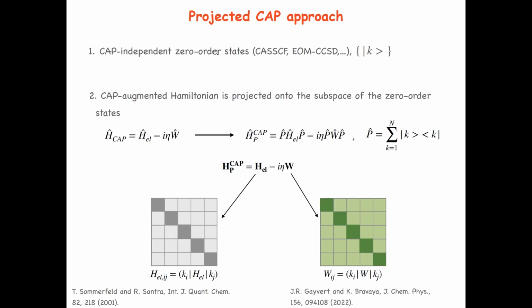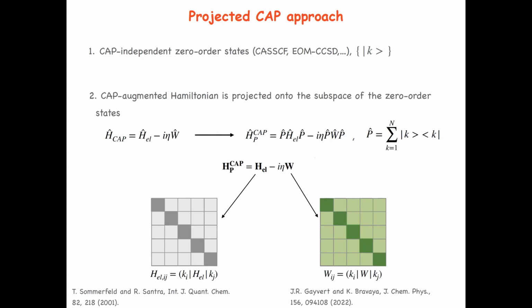It can be equation of motion coupled cluster, it can be, in principle, even TD-DFT, and I will show some results later on. And then we project the CAP augmented Hamiltonian onto this zero order basis and diagonalize. From that, we get eigenvalues of the CAP augmented Hamiltonian projected onto the subspace spanned by these zero order states.